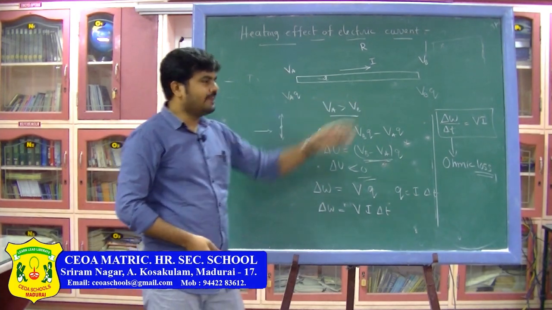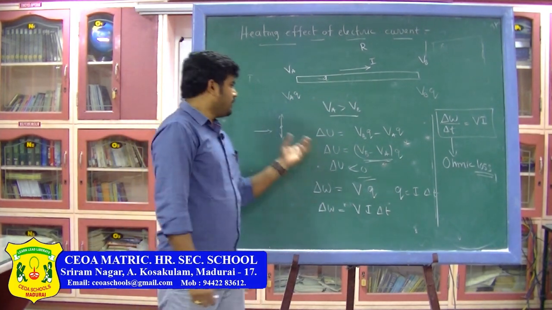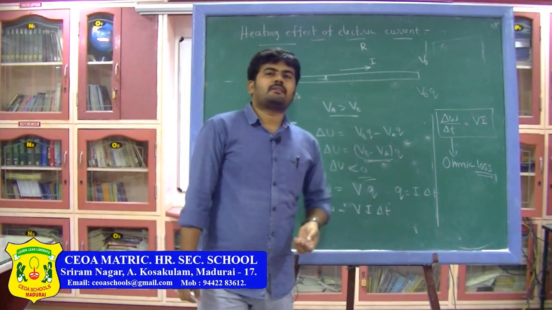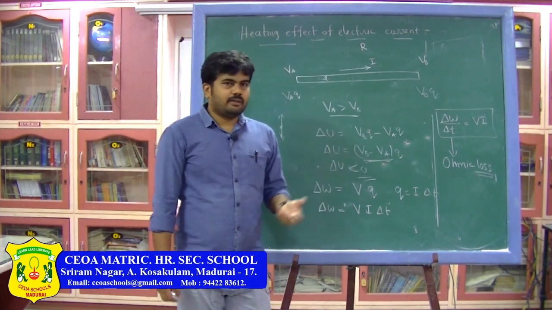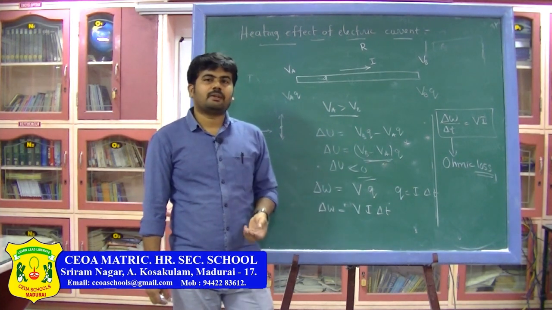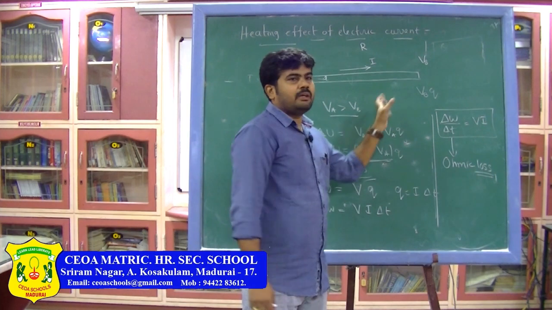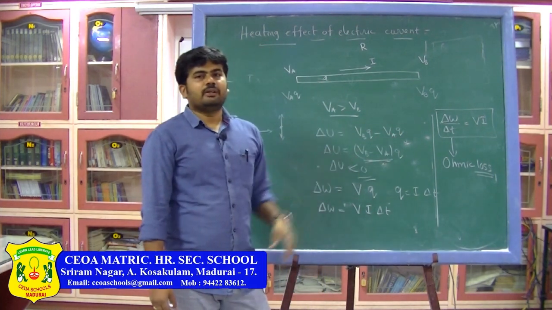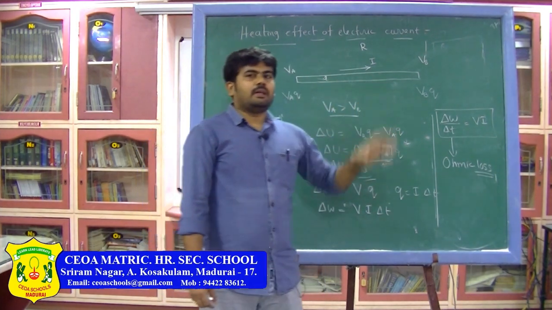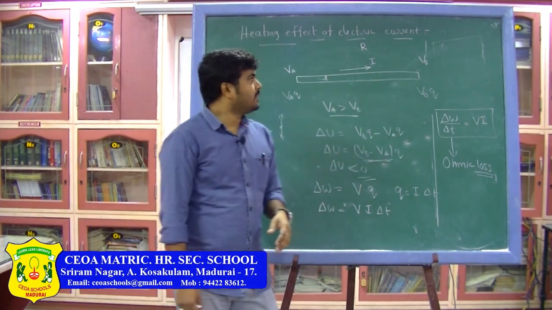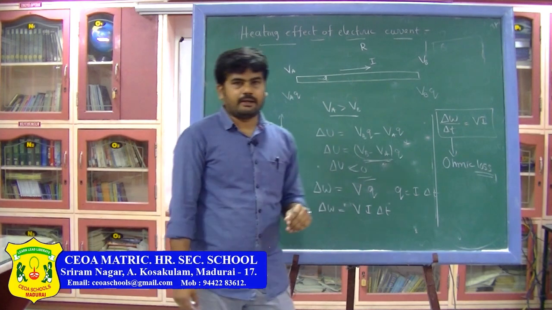That is what we call the resistance of the material, and during the process the atoms gain more and more energy. That means the temperature of the conductor continuously increases. That is how you can observe the temperature change in the conductor after allowing current for some time. That is the concept of the heating effect of electric current.